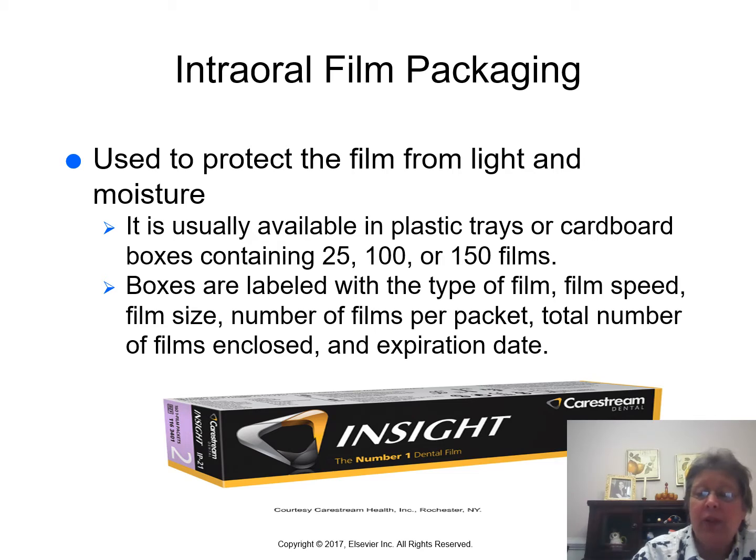We can have 2 film in one packet, or what we call a single packet of film. It has an expiration date. It has the manufacturer's information. So there's a lot of information here on this box. We can see on the side that it's a number 2 size film, which I said before is our standard size film for adults.